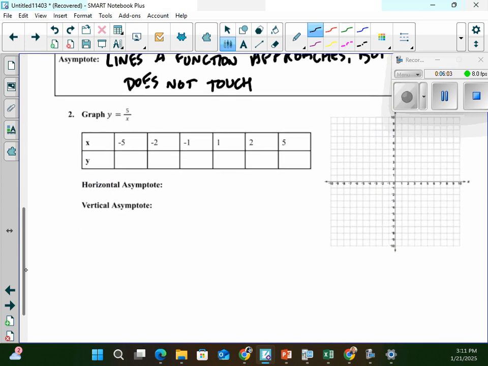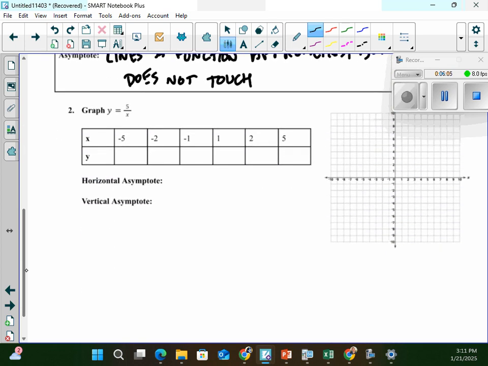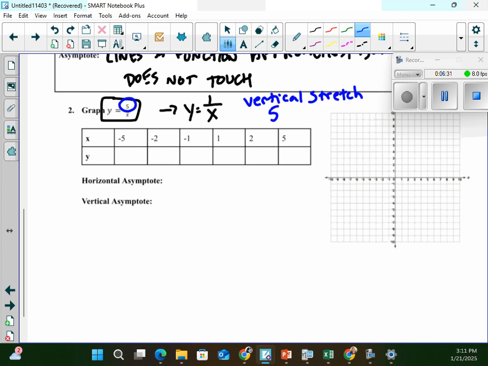So now let's look at a reciprocal function with slight differences. In this case, we want to graph the function y equals 5 over x. Well, comparing that to the parent function of y equals 1 over x, we clearly can see this 5 is going to transform our graph. This graph is going to have a vertical stretch by a factor of 5.